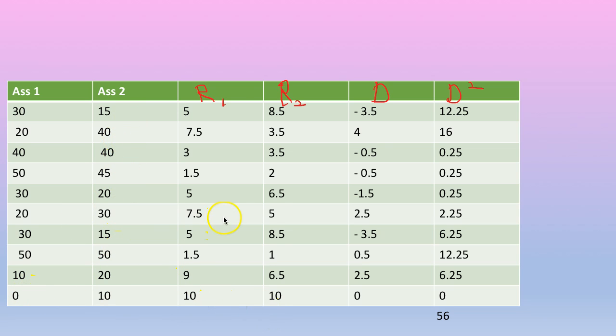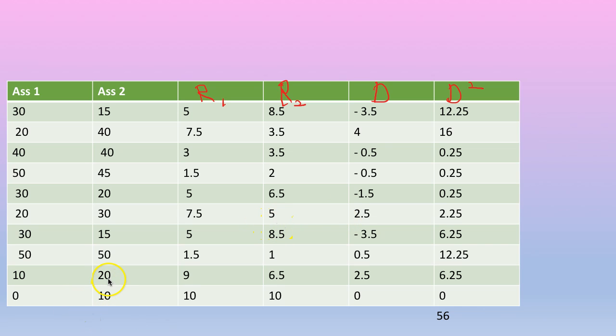Again, coming to assessment 2, the first rank is 50. Then the second rank will be 45. And we have two 40s. So average of third and fourth will be 3 plus 4, 7 by 2, 3.5. So next to 40 we write 3.5. Now the fourth rank is gone. 30 will be the fifth rank.